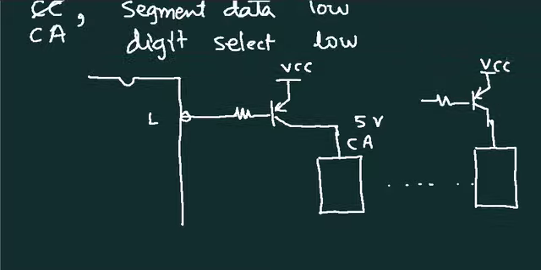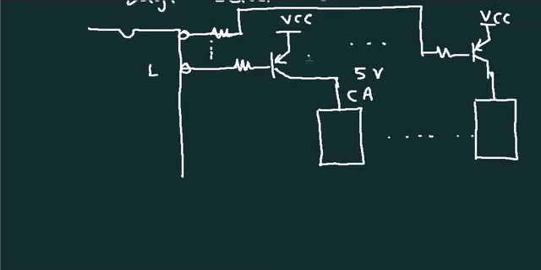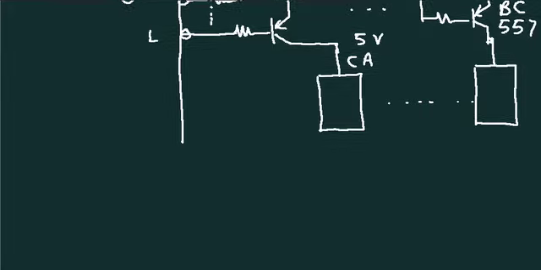So, this is the circuit, and the transistor can be any small signal PNP transistor like BC 557. Now, we will talk about the segment data lines.